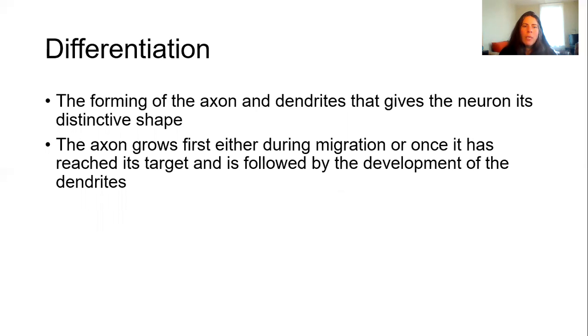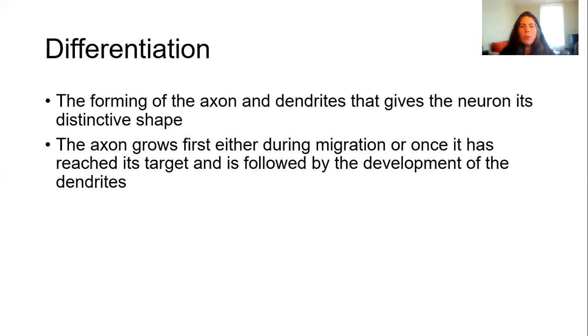Differentiation is the forming of the axon and dendrites that give the neuron its distinctive shape. So remember that neurons in different areas of the brain have different shapes. They have different structures to their receiving parts or their dendrites. And we have neurons that have axons of varying lengths depending on where in the body they're found.